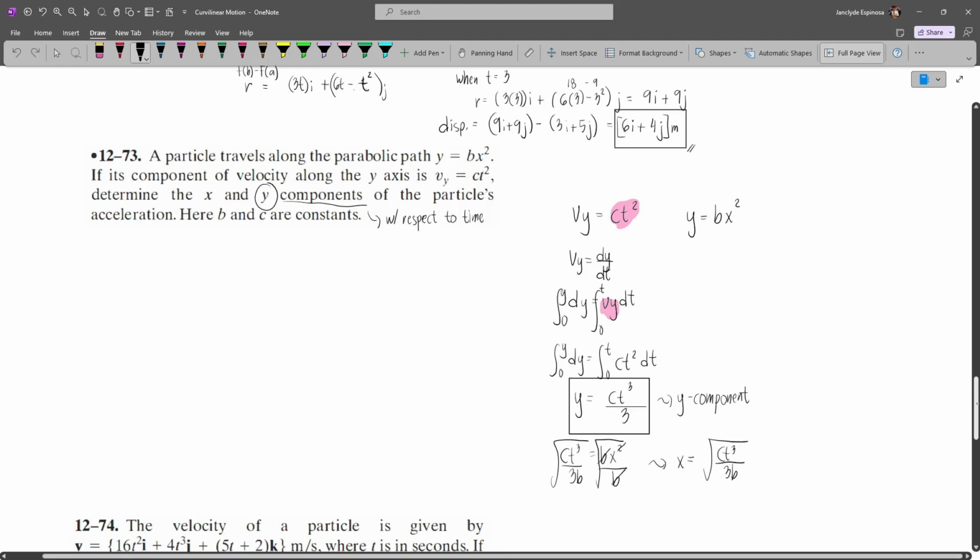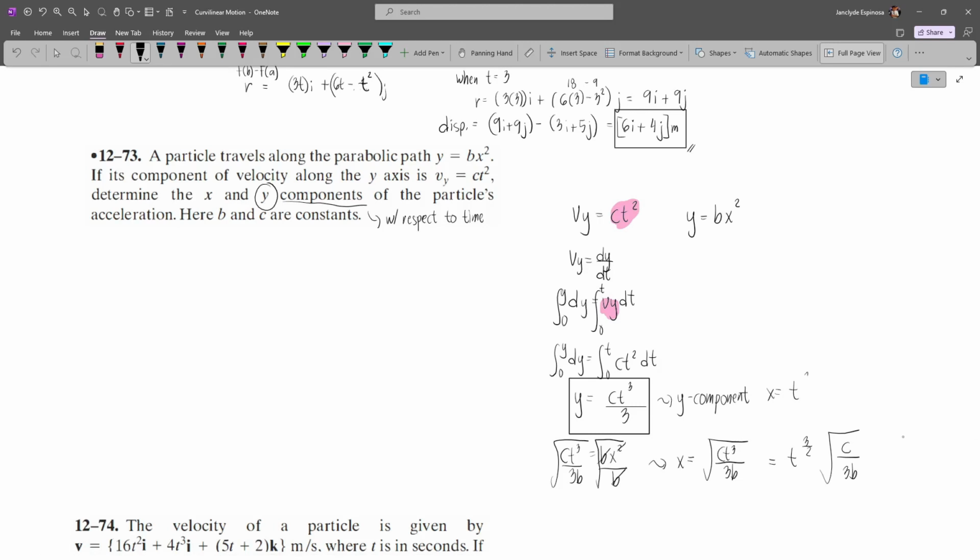Since we are essentially taking the square root of t cubed, we can rewrite this as t to the 3 halves, because the 3 is now the numerator, and the square root, since this is by default 2, is now in our denominator. So t to the 3 halves multiplied by the square root of c over 3b. This now defines our x. So our x component is t to the 3 halves multiplied by the square root of c over 3b.